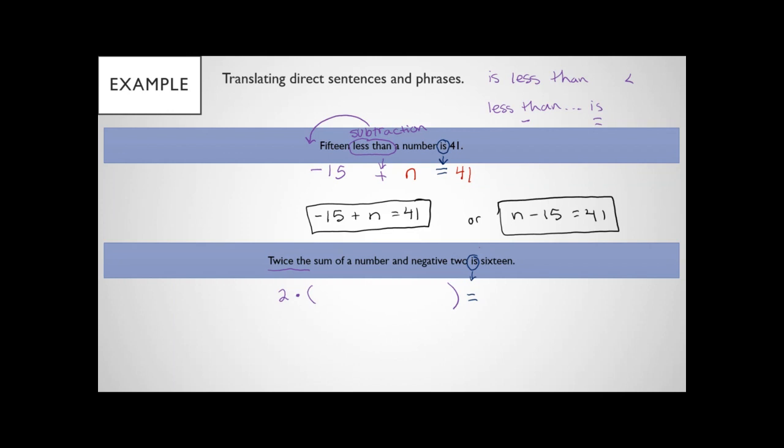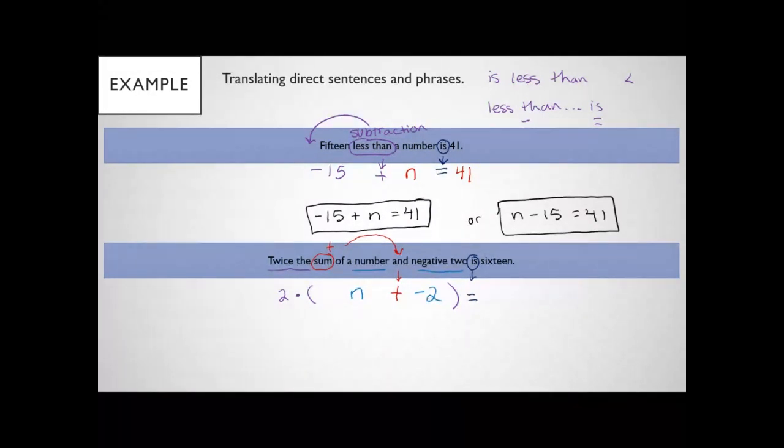Now we've got the word sum. The word sum means addition, and the symbol goes where the and is located. So that's going to give me a plus right here. Next, I'm going to fill in the blanks. For the sum of a number, we'll use n to represent that number. The next blank says negative 2, so I'm going to put -2 there.